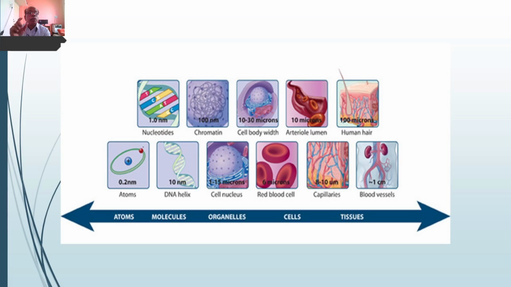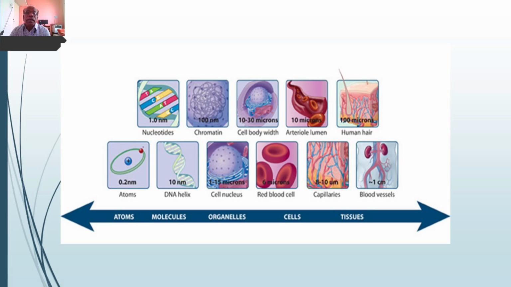Hemoglobin carries or transports the respiratory gases, oxygen and carbon dioxide. So the size of the RBCs is up to 6 microns.